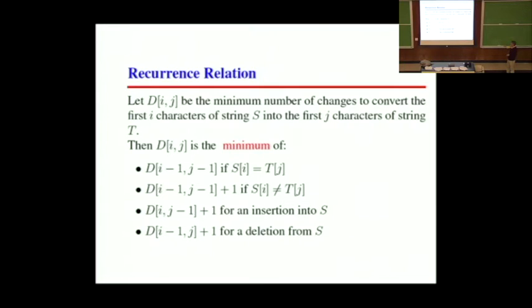That means the value of this cell is going to depend upon either this cell as its parent, this cell as its parent, or that cell as its parent. So I'm saying keep track of where you came from. That's going to be useful to actually reconstruct where the changes were. Any questions?